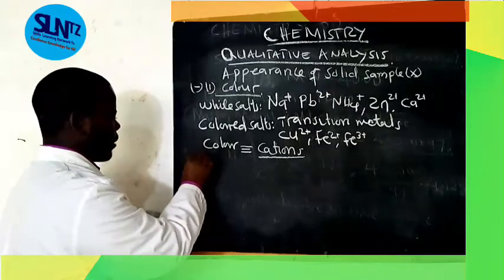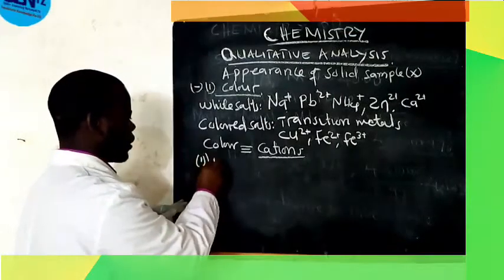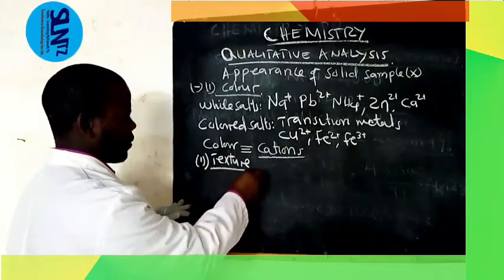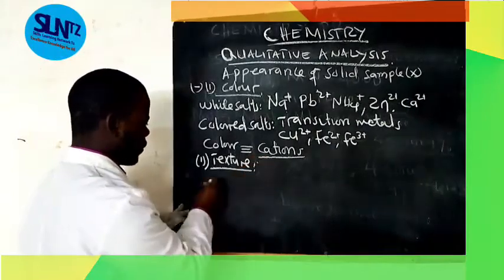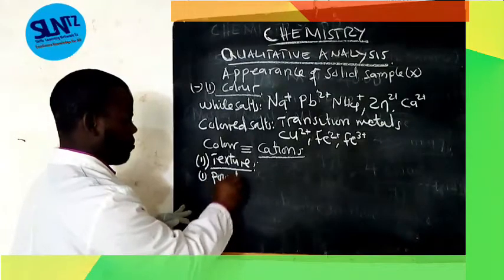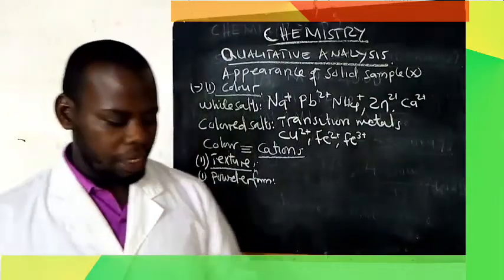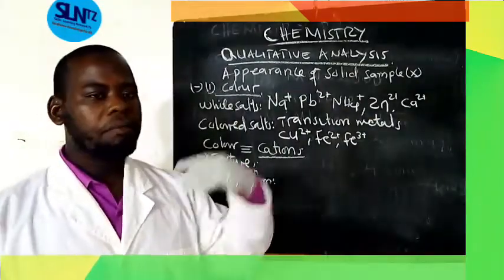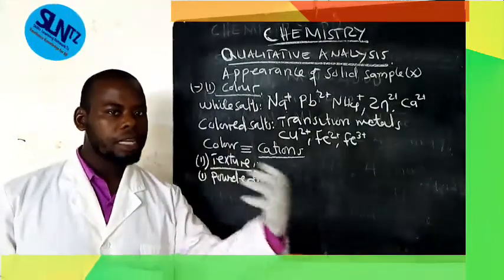The second step, or the appearance to consider, is texture. And we have different textures. The first we have powder form. When I see a solid sample is powder, what does my brain click, what does your brain sense?